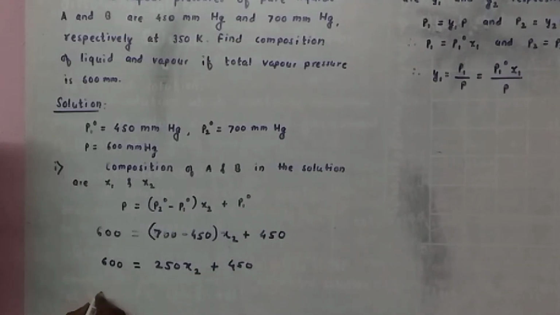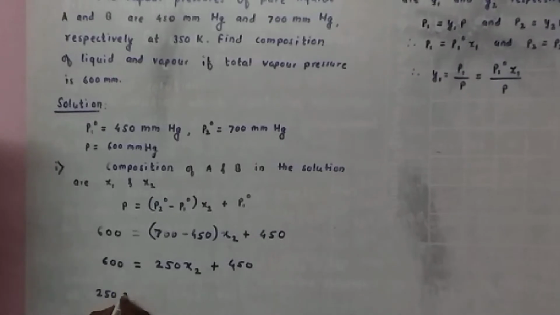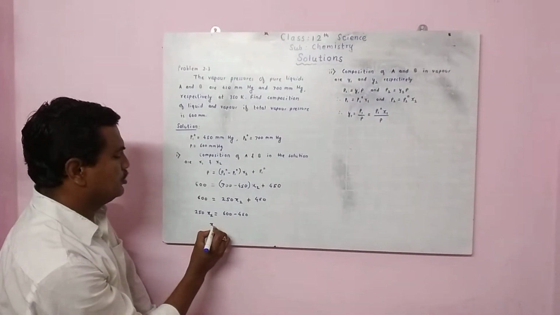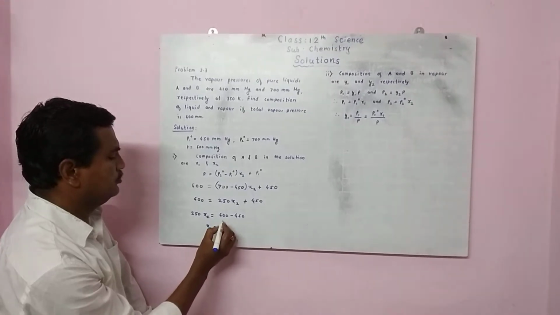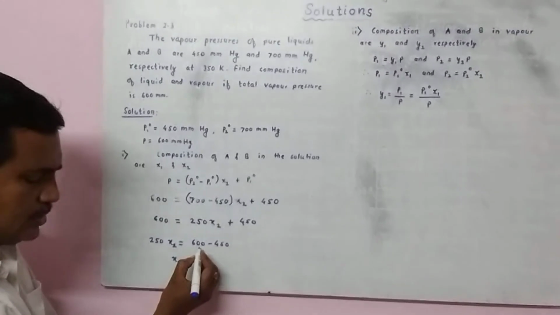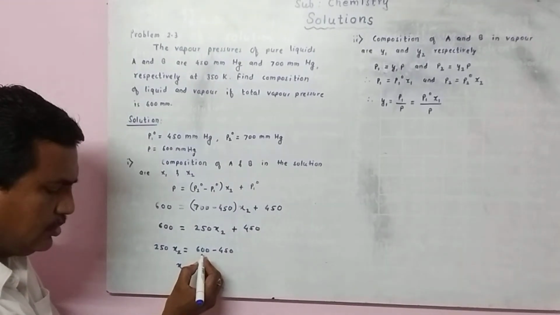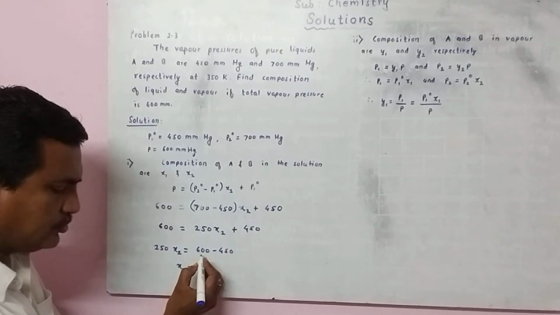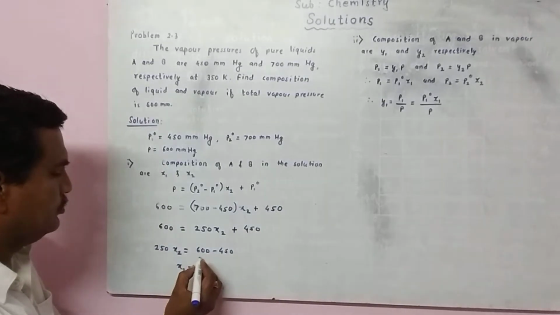Therefore 250 x2 equal to 600 minus 450.